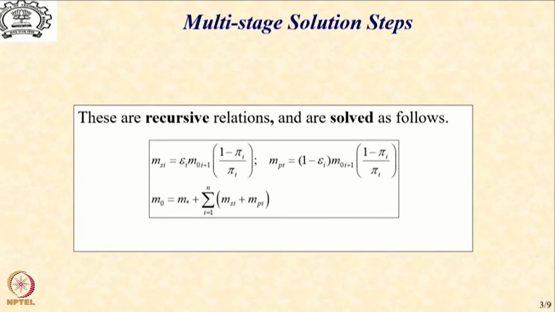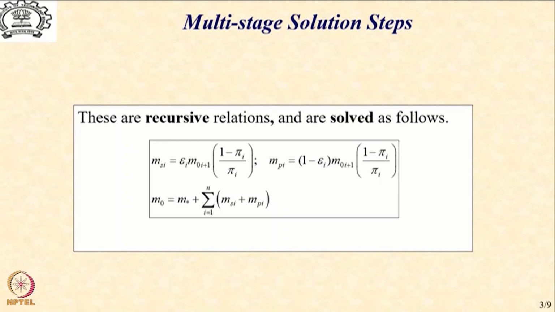Of course, we can now use this to show that m_si for the ith stage is a function of m_0,i+1 and pi i and epsilon i. Similarly, m_pi is directly driven by the same m_0,i+1. And now my m_0 is going to be m star plus the sum of all these. So this is how I am going to actually solve the problem.